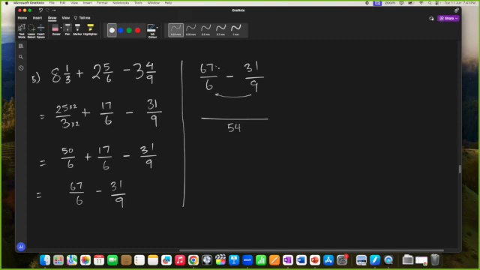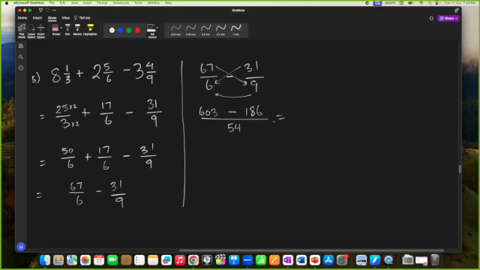And then we will cross multiply, and we'll get some pretty huge answers here, because 67 times 9 is going to be really big. That is 603. Minus 31 times 6 is 186.